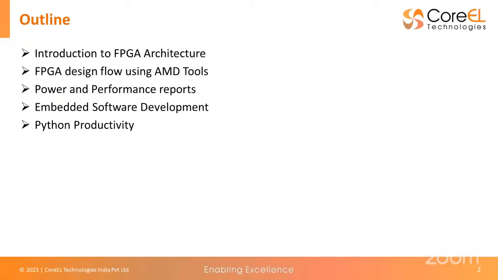Then we're going to understand how we can observe the power and performance reports along with embedded system designing, and finally we're going to land upon the Python productivity. I've chosen this particular flow for the session because this encapsulates the whole FPGA designing and an extended version of the productive design flows.